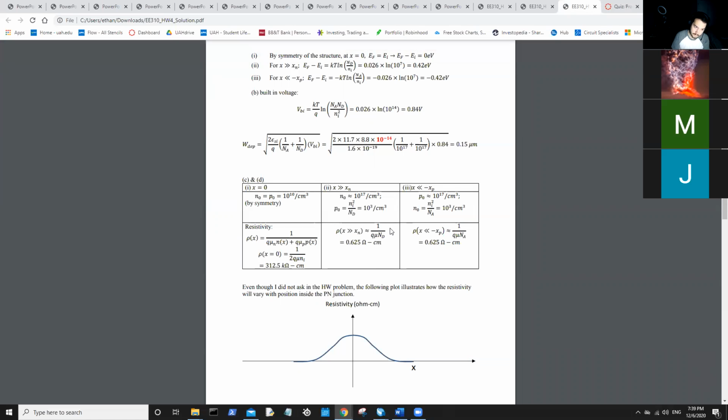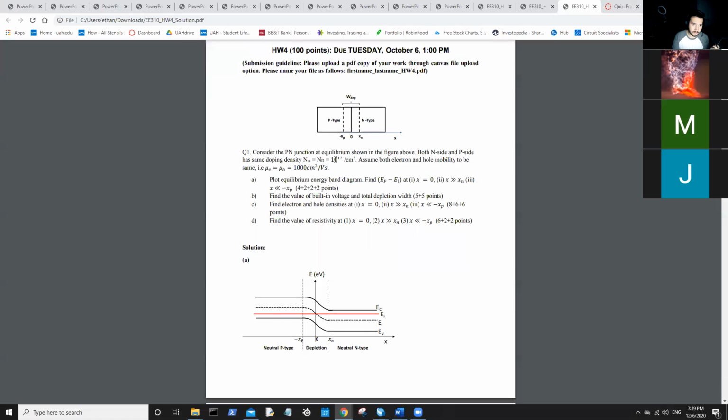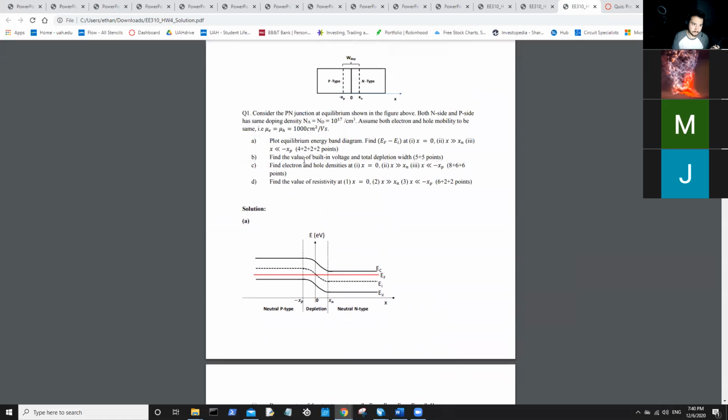If you do 1 over 1.602 times 10 to the negative 19th times 100 times 10 to the 17th power, you will get 1 divided by 1.602, which is 0.624. And if you look, it's very, very close, if not exactly the same. And that's because this problem, pretty sure, what do you know, it's 10 to the 17th, literally the same problem, simply with a different mu n.